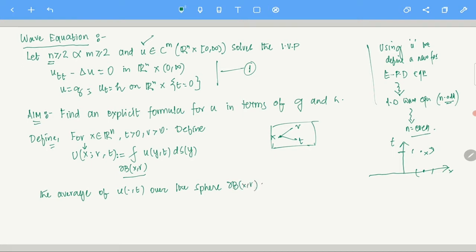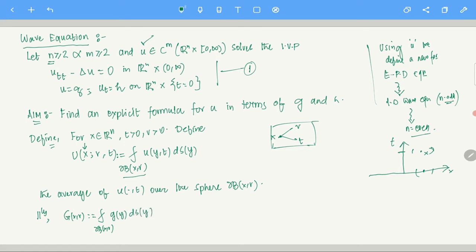Clear? So this should be very clear. For a fixed x, I am defining the average using the small u. I am defining a new function capital U using a small u. Similarly, I can also define G(x,r), which is the average of small g(y) dS(y).